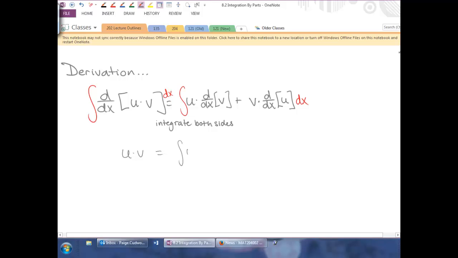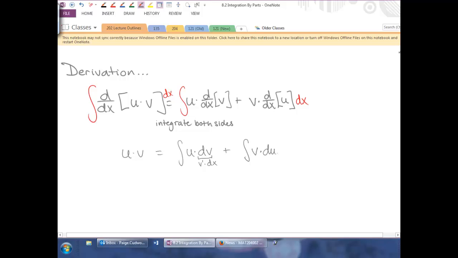I have the integral of u times the derivative of v times a dx, and if you put those together, you actually get the differential dv. So remember, this is really the derivative of v with a dx. Plus, then we're going to have another integral that's v times the derivative of u times dx, which would be a du.